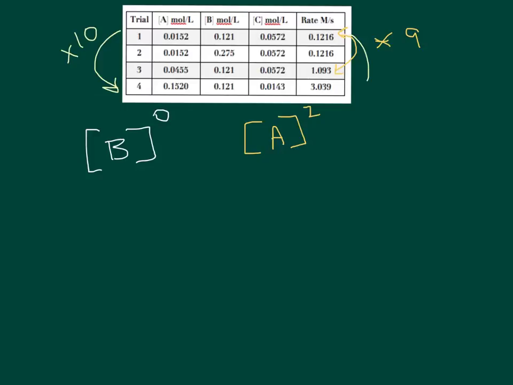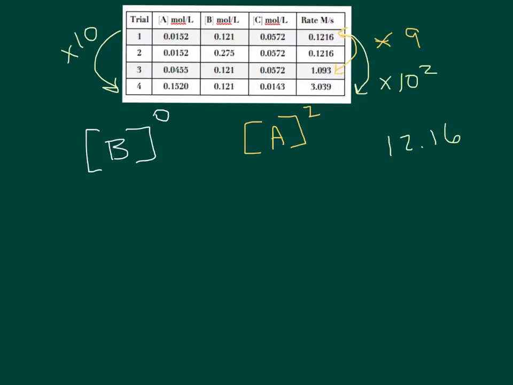Based on our earlier work, what should happen to the rate due only to the concentration of A? Well, whatever we do to A, we do that squared to the rate. So the rate should have gone up by a factor of 10 squared. Or, between trial 1 and trial 4, the rate should have gone up by a factor of 100, which would bring the rate to 12.16.